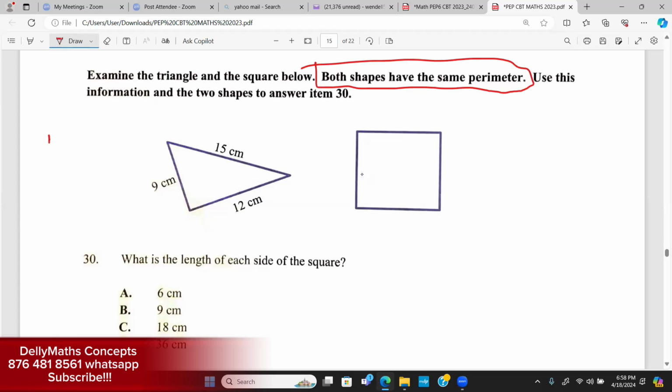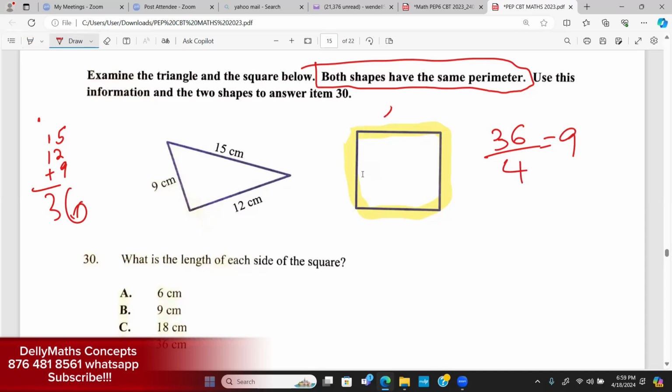So I need to add up 15, 12, and 9. All right, so 15 plus 12 plus 9, you add that up, you get 36, right? What it means then is that if I add up the sides of the square, I'll get 36 as well, and it's equal. So I'm going to take 36 and divide it into 4 equal pieces.